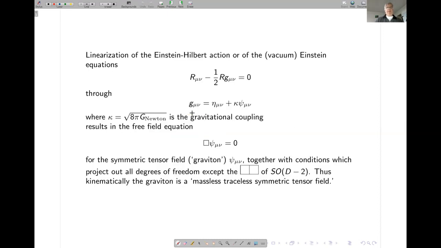or unphysical. Now, of course, the graviton has not only kinematics but also dynamics. But just to see how this arises from the field theory perspective, the way you assign a particle-like excitation to gravity is by linearization of the Einstein-Hilbert action, or equivalently of the vacuum Einstein equation. That's the universal principle.